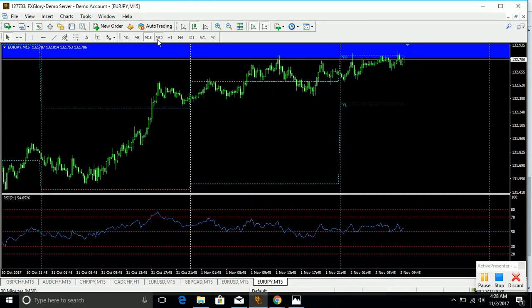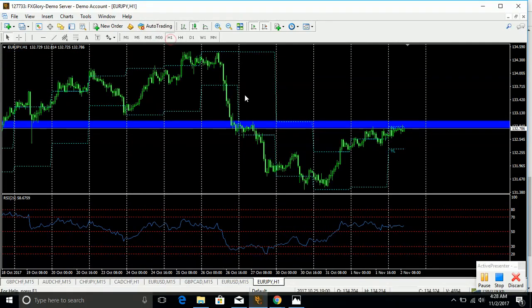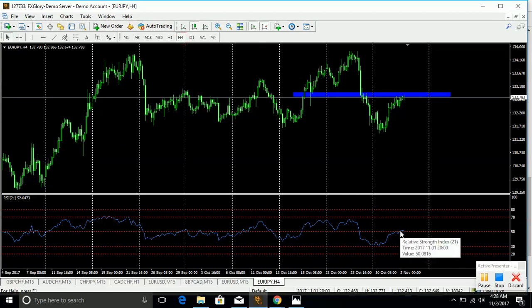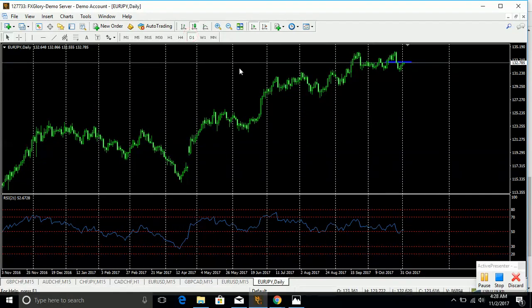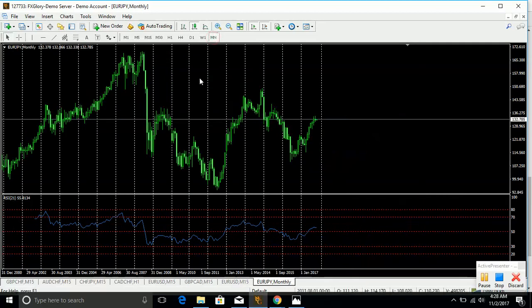Okay, now 30-minute chart, also uptrend. 1-hour chart, also uptrend. 4-hour chart, struggling to break through the midpoint, which is 50. The daily, uptrend. The weekly, uptrend. The monthly, uptrend.